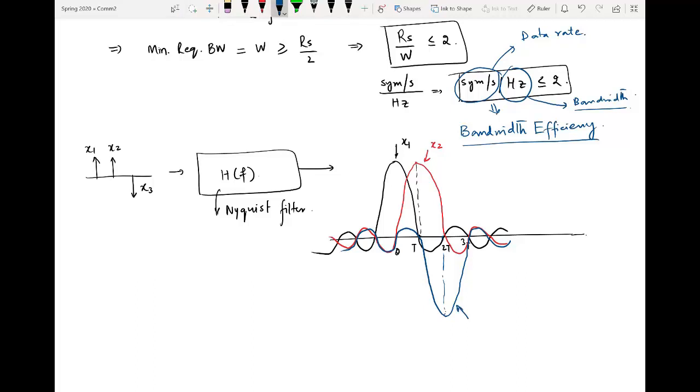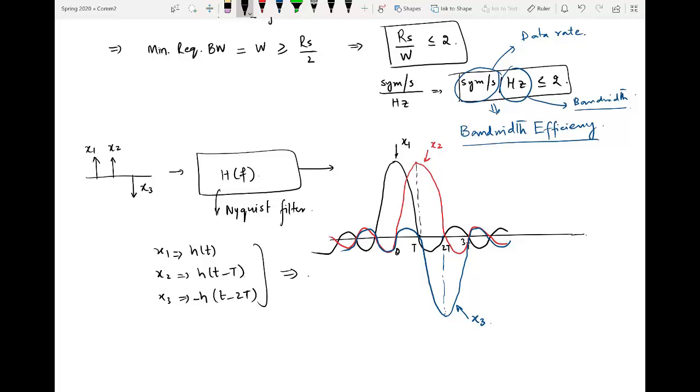So this is corresponding to x3. I can write here again mathematically: x1 will result in h of t, x2 will correspond to h of t minus capital T, and x3 will result in h of t minus 2T with negative sign. So these three we have plotted over here.